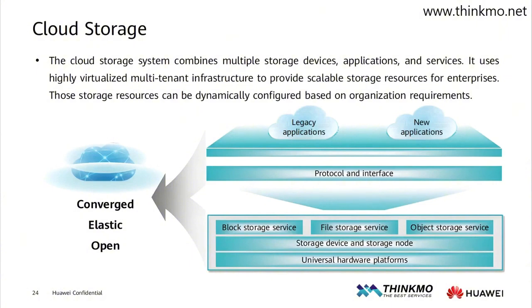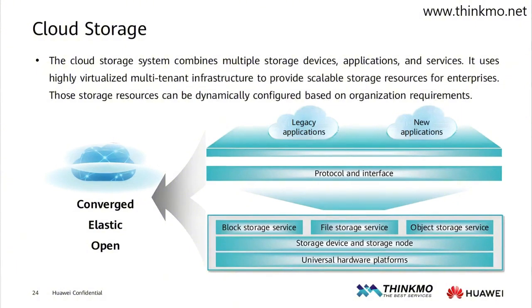Here, our cloud storage is actually about integrating multiple storage devices, multiple applications, and multiple services into a cohesive whole, a complete integration. First of all, its underlying structure must definitely have virtualization. What does this include?